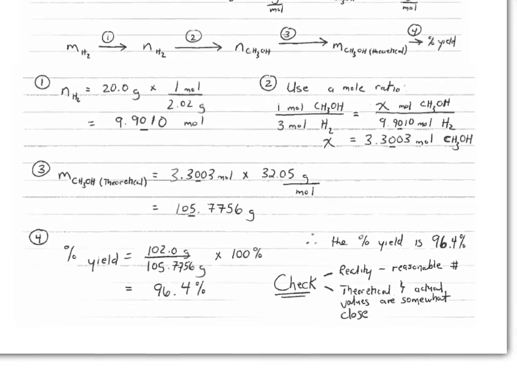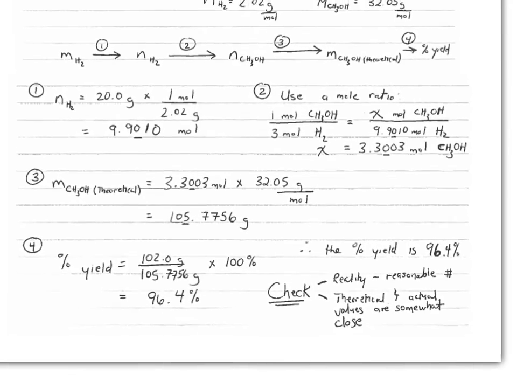In doing that, we get a value that looks pretty close to our actual amount of 102 grams. The final step is to find the percent yield, so actual divided by theoretical multiplied by 100, and we get 96.4%.